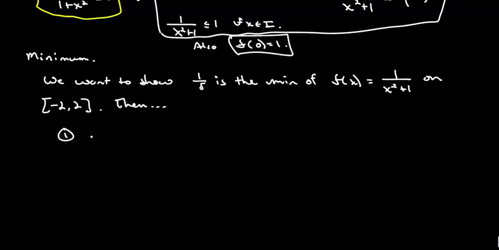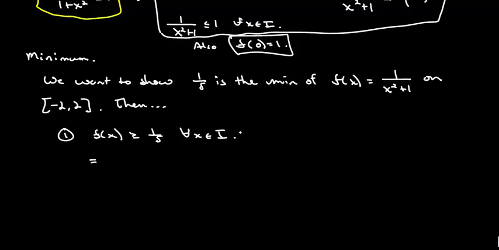The first thing we're going to show is that f of x is greater than or equal to 1/5 for every x in I. So here's the proof for this.